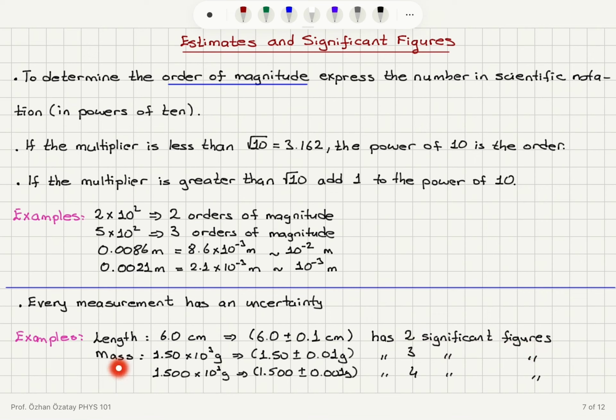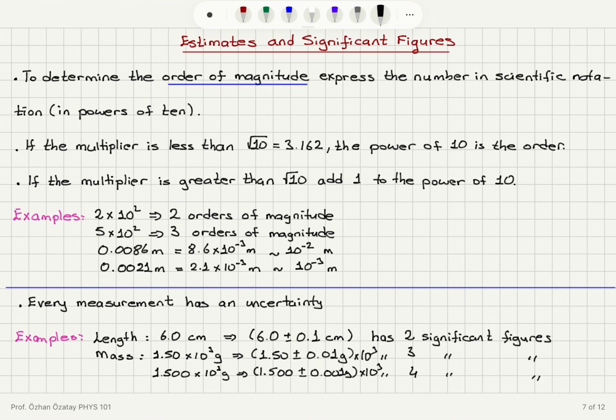If we have the report of a mass 1.50 times 10 to 3 grams, because we have 3 numbers here, 150, we have 3 significant figures, and the last digit, 0, is basically where our uncertainty is, so we have 1.50 plus or minus 0.01 times 10 to 3, of course, grams as our result.